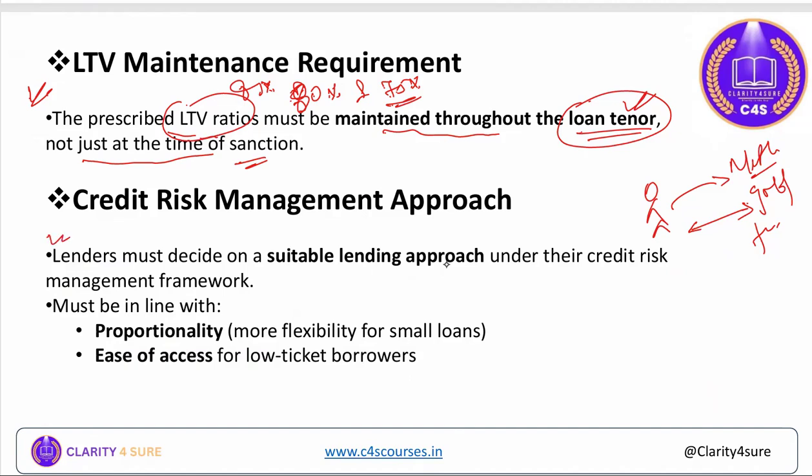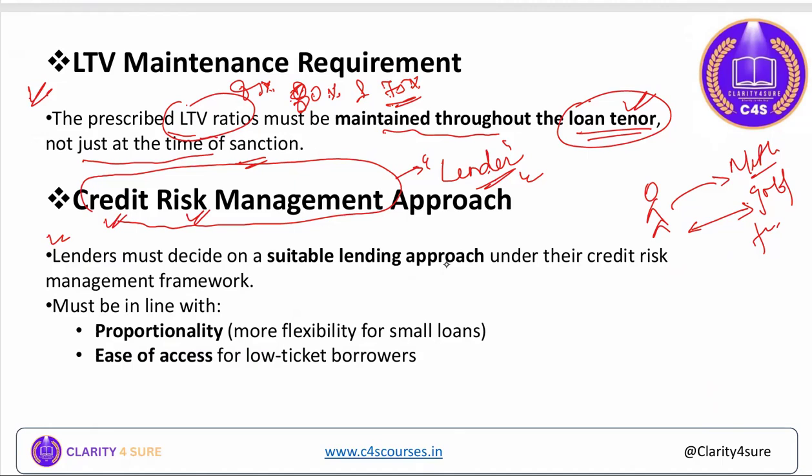Second one, credit risk management approach. Whose money is at risk? The one who is lending, right? So the lender has to ensure that they manage their risk for the credit provided to the borrower.